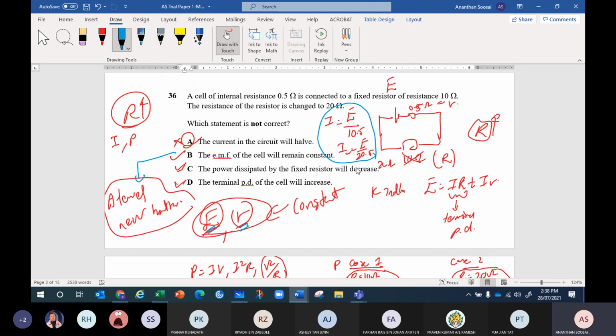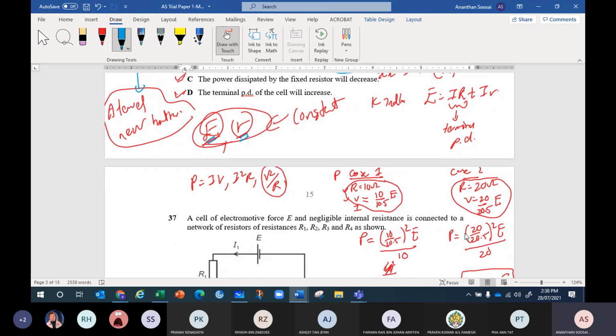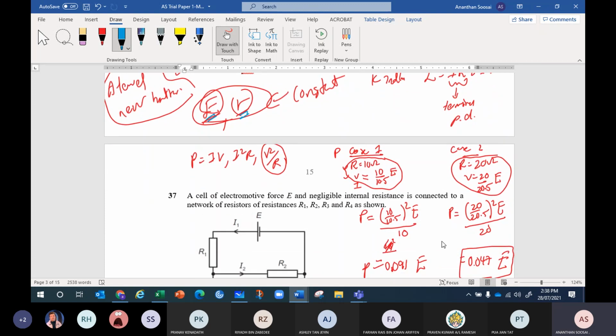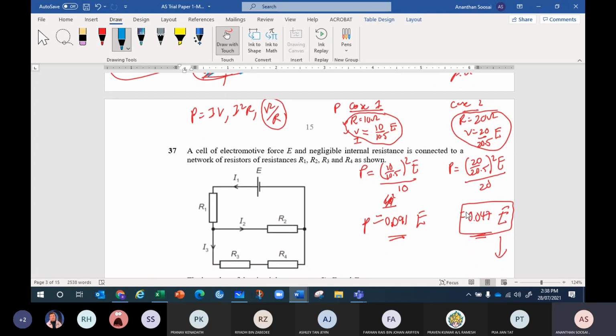So C, the power dissipated in the fixed resistor will decrease. Reasoning this out takes a very long understanding. This is the reasoning for power. When the external load resistance increases, the power drops.